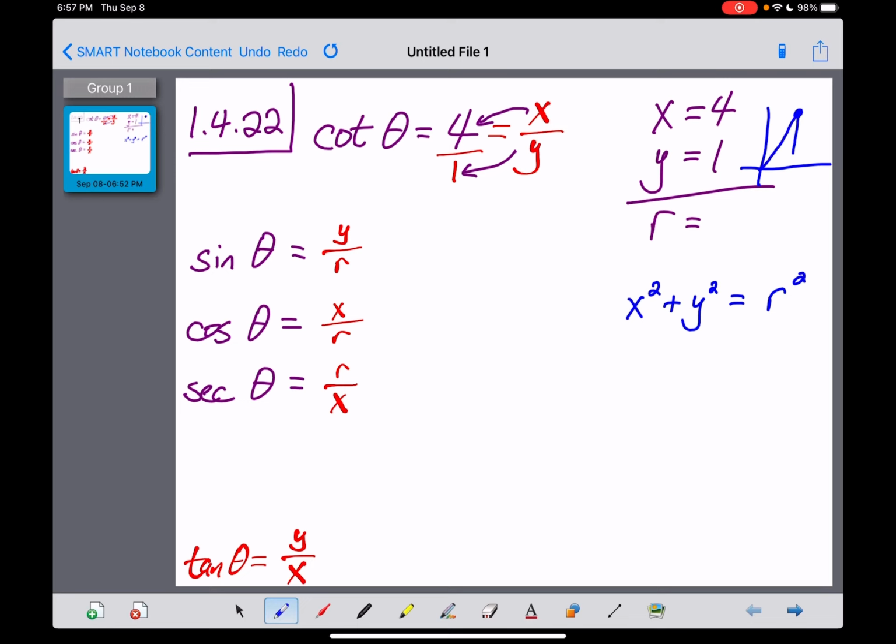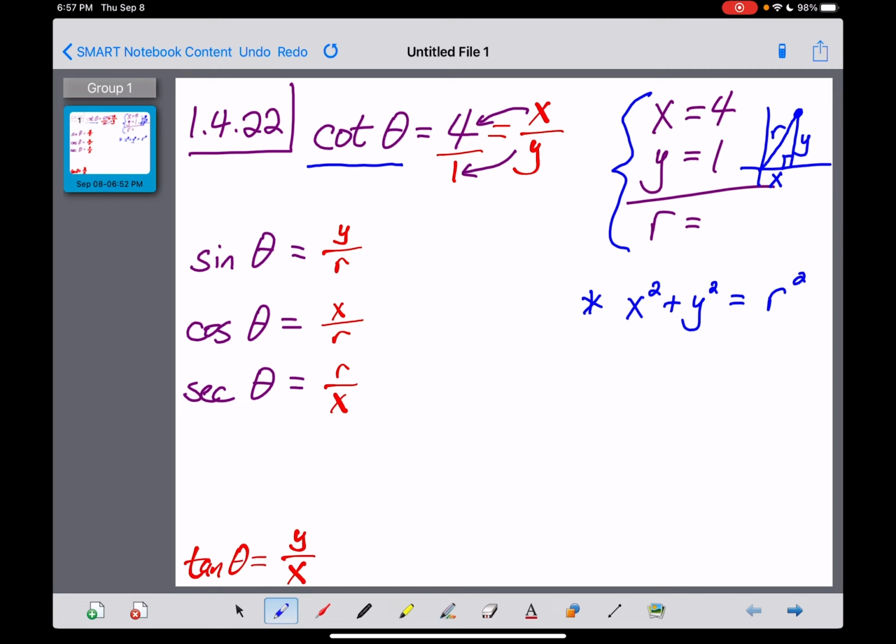Anytime that you make a triangle out of a point like this, your x coordinate is that horizontal leg, your y-coordinate is the vertical leg, and then r is the hypotenuse of that triangle. That is why anytime they give you one trigonometric ratio, they're always telling you 2 of these 3 values, and then you can use the Pythagorean theorem to figure out the 3rd.